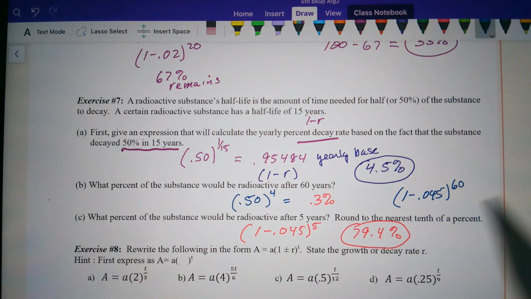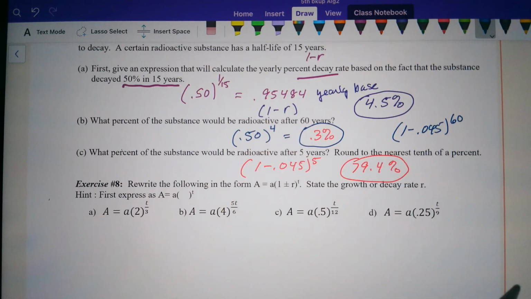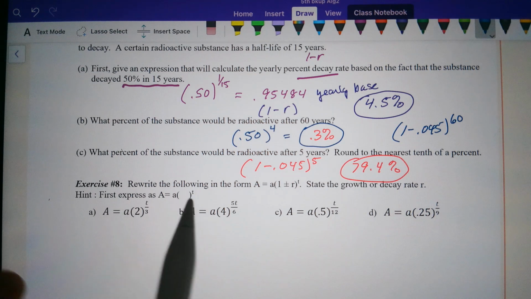Lastly, exercise number 8. Rewrite the following in the form capital A equals lowercase a times 1 plus or minus r to the t. State the growth or decay rate, r. First, we want to write it as capital A equals lowercase a times a base to the power of t.